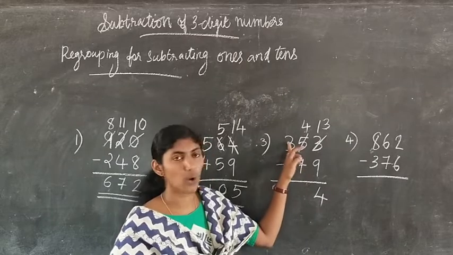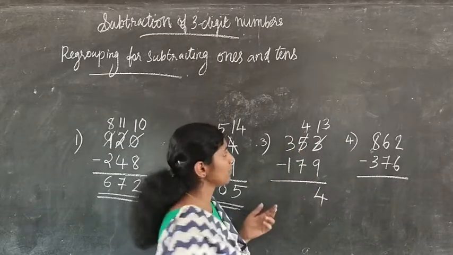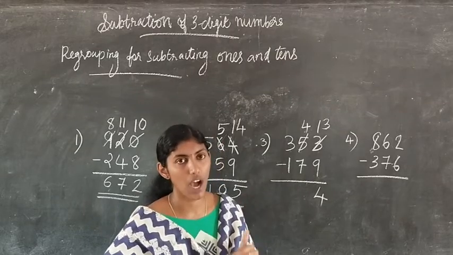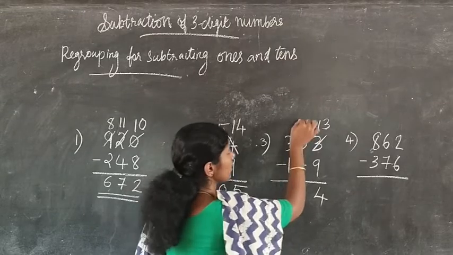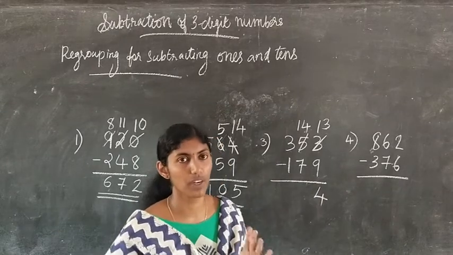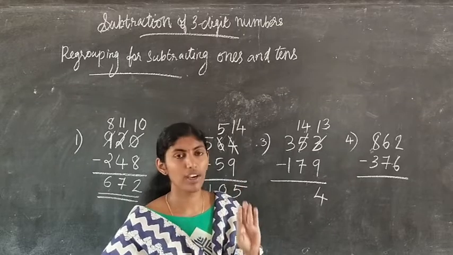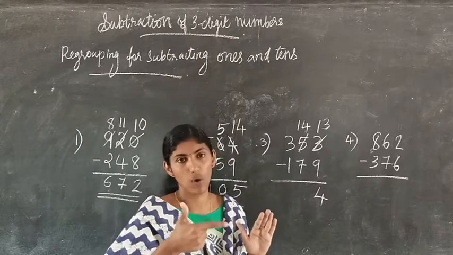So we have to borrow 100 from this hundreds column and we have to regroup it as 14. Then 14 minus 7. For that we have to count forward after 7. That is 8, 9, 10, 11, 12, 13, 14. How many are there?